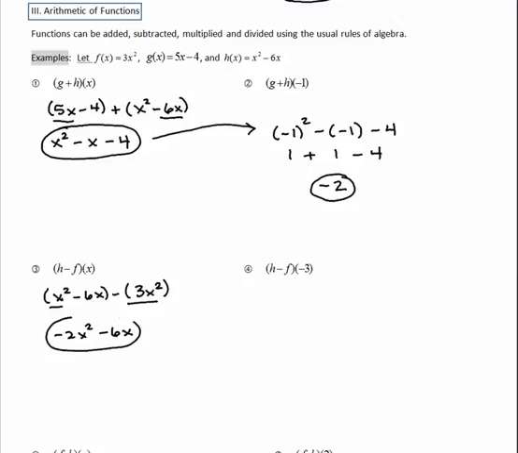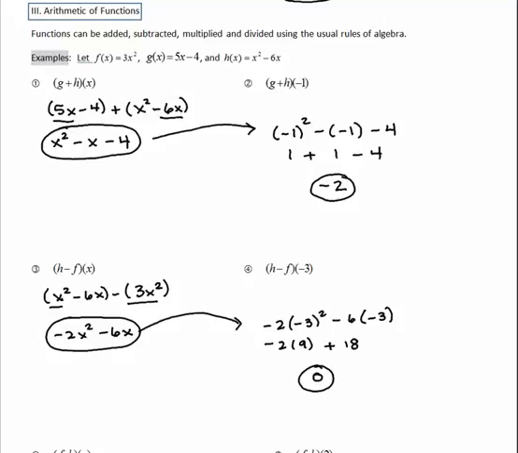And that's the difference function, h minus f. If I now want to know what is h minus f of negative 3, I'm going to plug the negative 3 in for x. Which gives me negative 2 times 9 plus 18. Negative 18 plus 18 is just going to give me a 0.